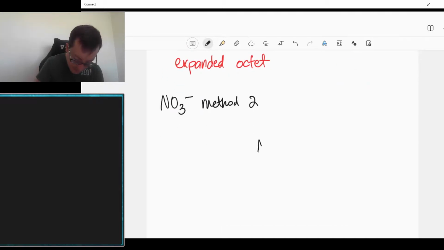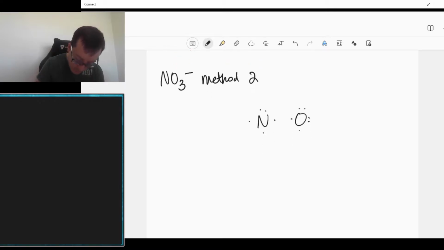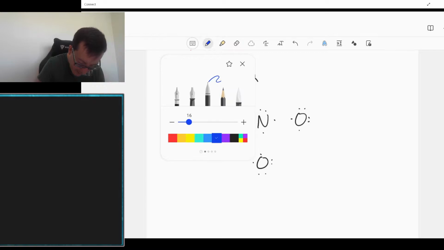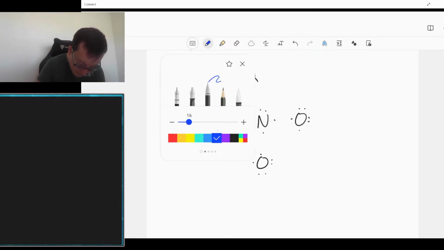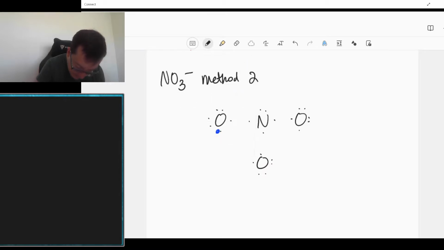So normally, we would draw them, and we're going to give one extra electron to an outer atom, and there it is. I'm going to redraw the other one because now it's kind of overlapped. So we've given one oxygen an extra electron.